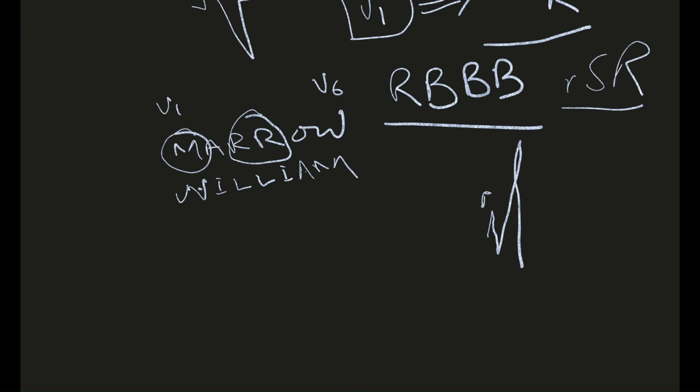This is small r, this is S wave, and this is R wave. And if you see it in the mnemonic, this becomes kind of M. Same way, reverse, you can find it in lead V6.